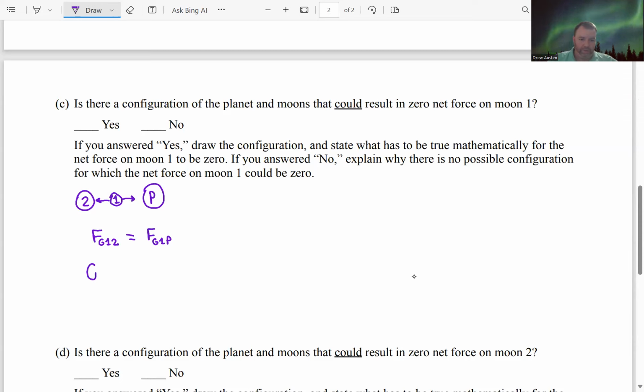The gravitational force on Moon 1 from Moon 2 is equal to big G times Moon 1's mass times Moon 2's mass divided by the distance between Moon 1 and Moon 2 when they're lined up.